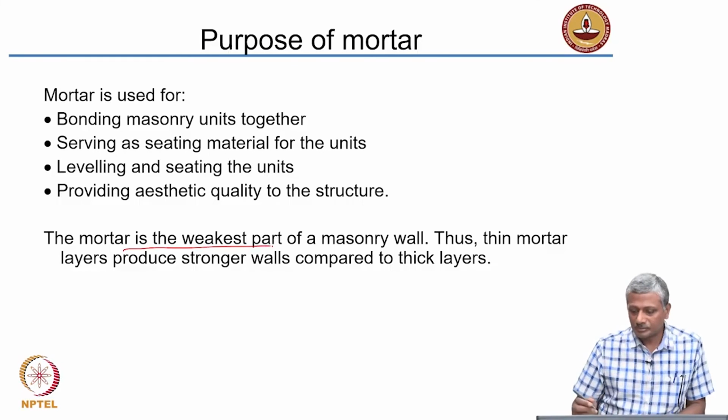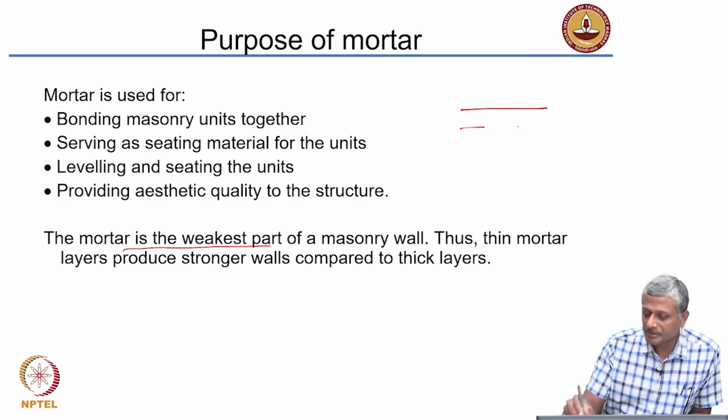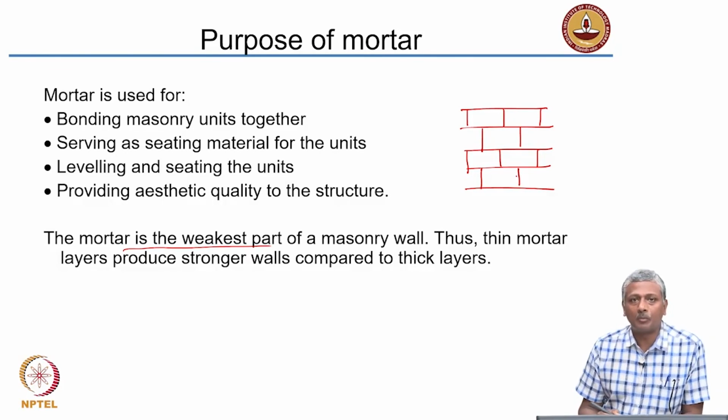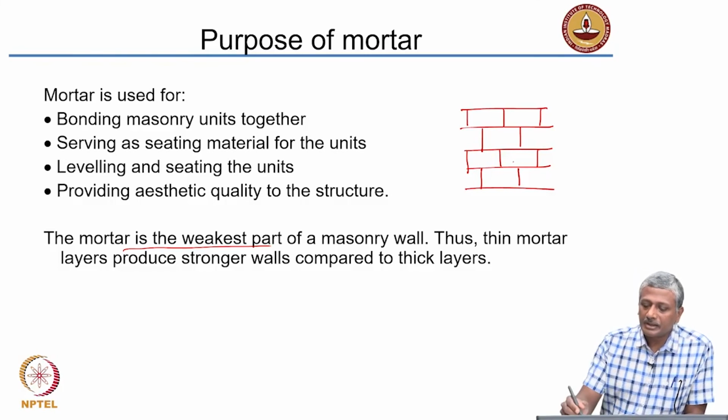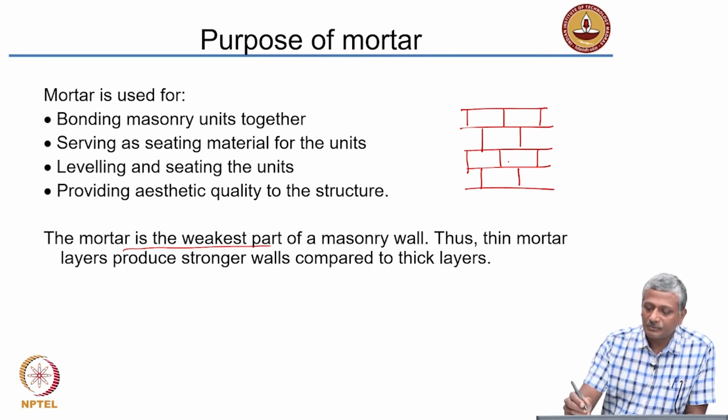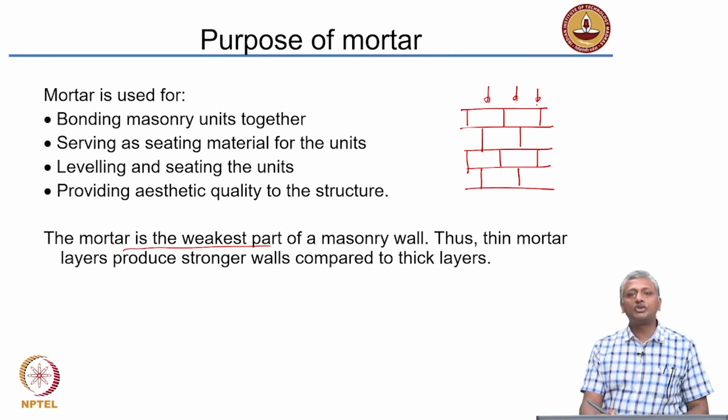Now, why is this so? Again, let me just draw a simple masonry wall and draw the joints like this. Okay, so the masonry wall has been drawn with the mortar joints. So, if the arrangement is like this, when you have a load on this wall, the wall will tend to fail.